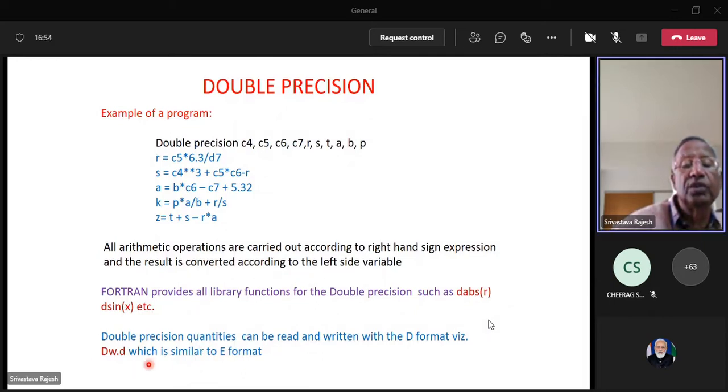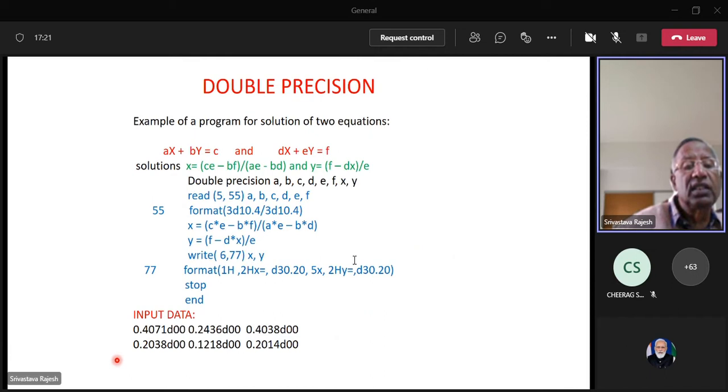You have to use D format exactly like you use E format, simply replace the E by D. That means here the total width and how many places you want right here, like WD.d. So here is the total width, and after the decimal, how many places you want. So let's see this program in double precision.